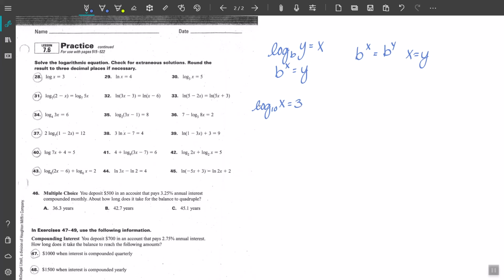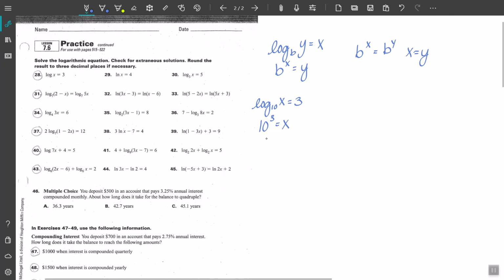From here, we're in logarithmic form. We're going to go to exponential form, which would be 10 to the third equals x. And so we can see that x is going to be 1,000. All right, and that problem is that straightforward. So that's number 28 there.